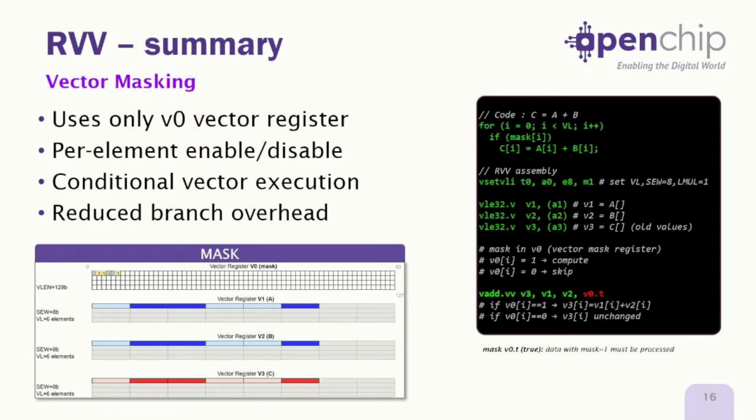These are the instructions to take the data from memory, which is not important. We add V1 and V2 and put the result in V3. And this is the mask, V0.t, which stands for true. In this case it means do the operation where you find the 1 in the mask. You can also use the reversed mask, putting F instead of T in this instruction.